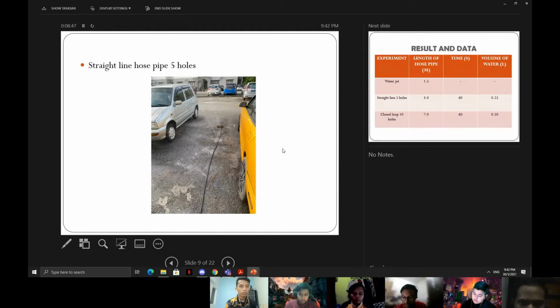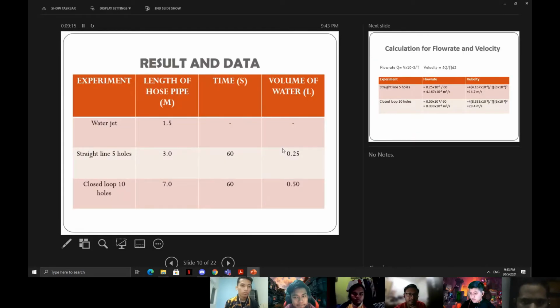As we can see in the picture, the water flows out from the holes. What we record from the experiment is the same as for the 10 holes: the times and the volume of water in liters. Then we move to the next slide.